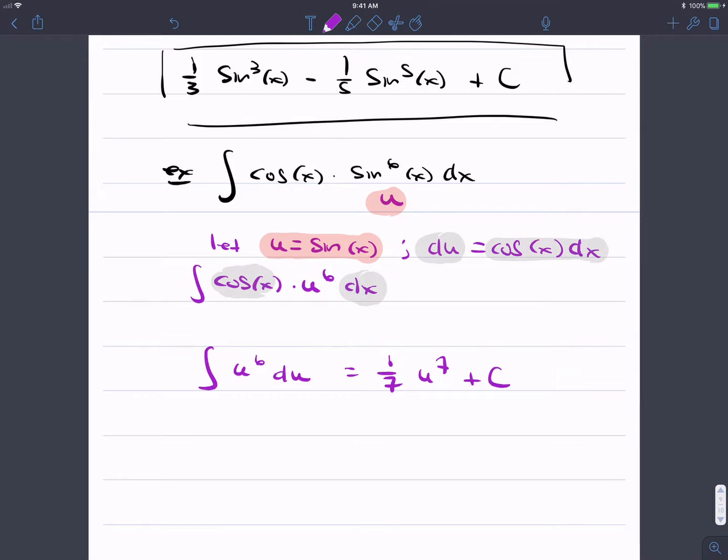Here's our integral: 1/7 u to the 7th plus c. Remember, u is sine. I'm going to just write the answer.